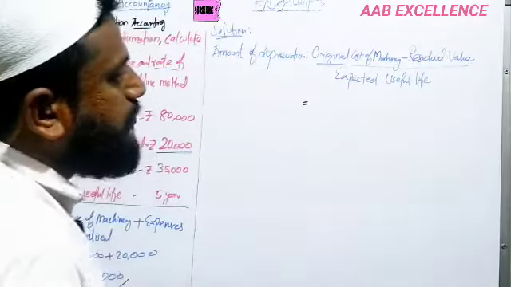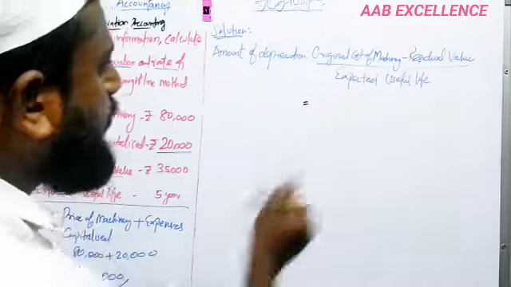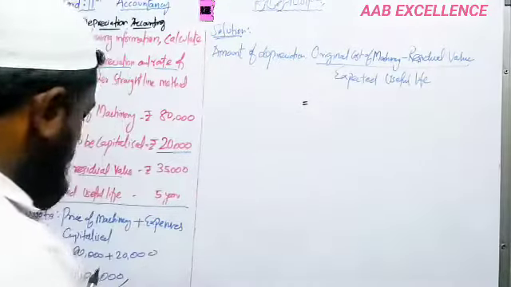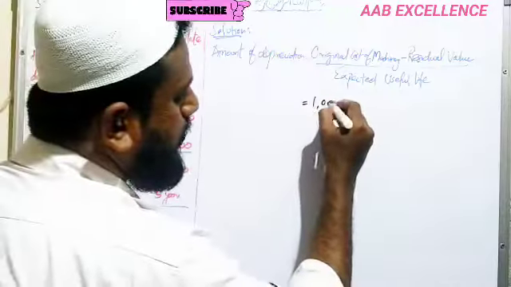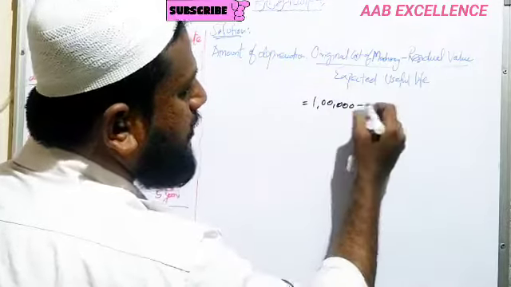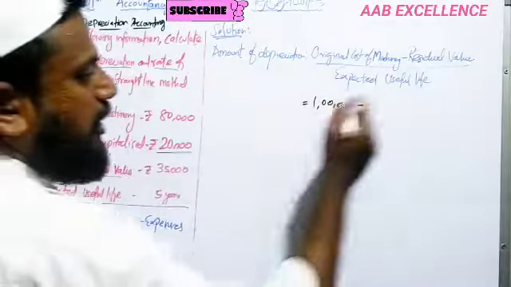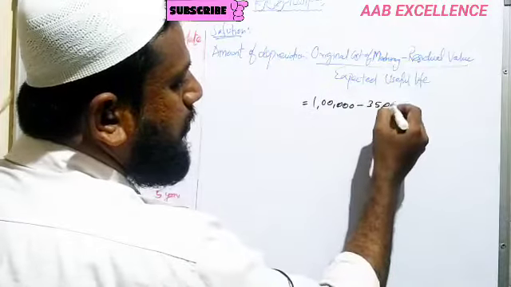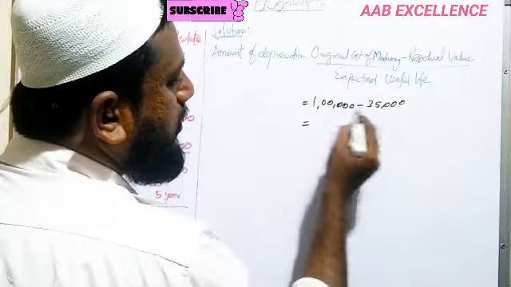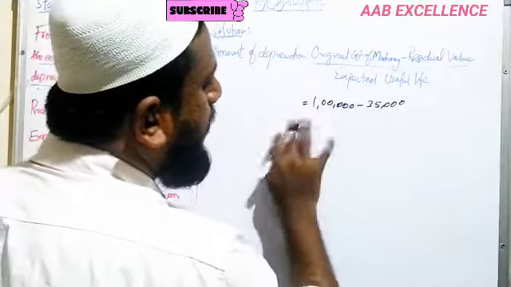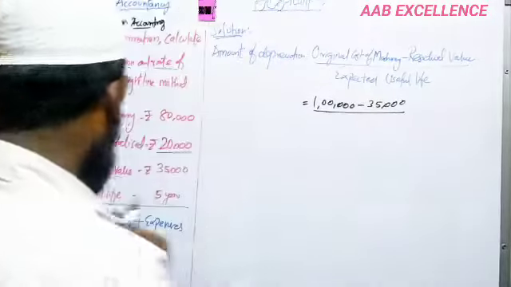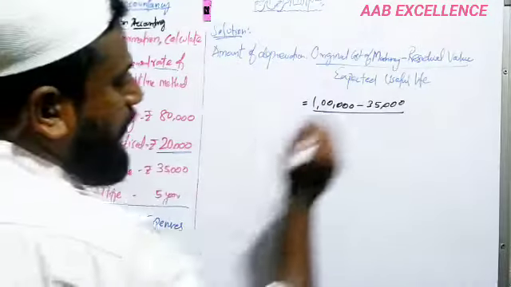First, original cost of machinery, how much? 1 lakh rupees. Then minus residual value, how much? 35,000. Divided by useful life, how many years? 5 years.